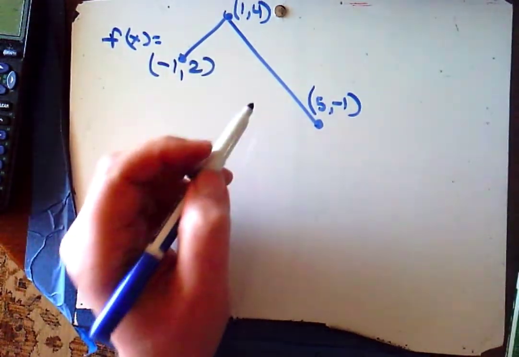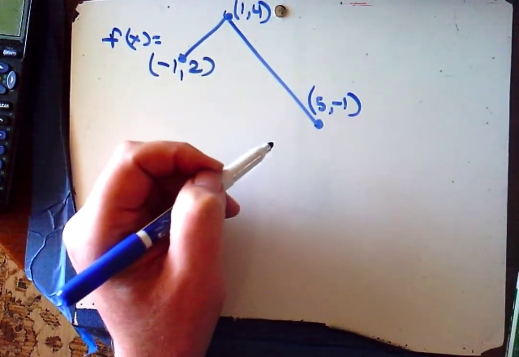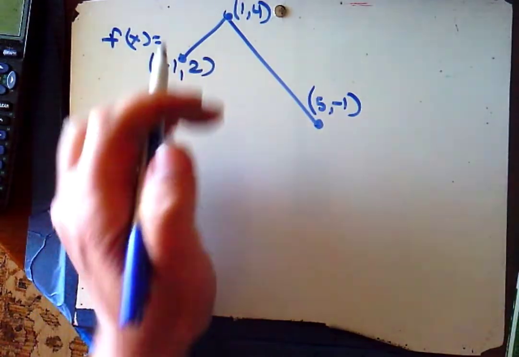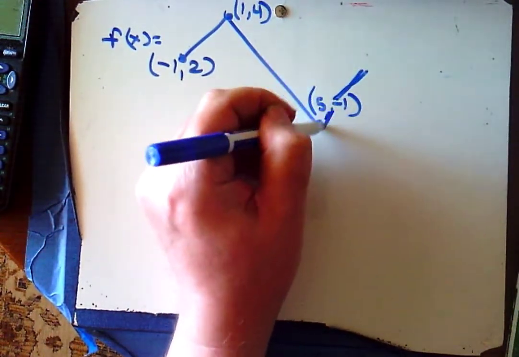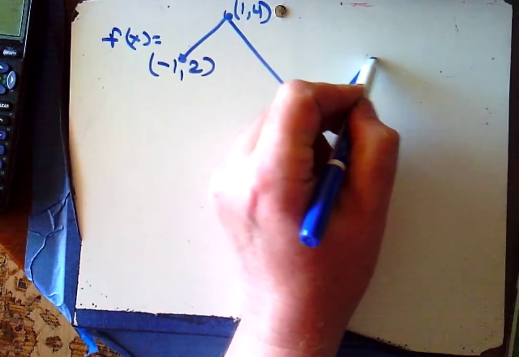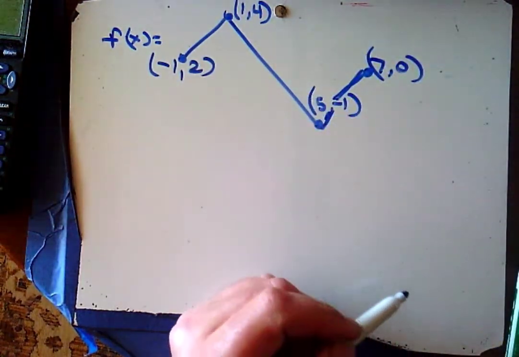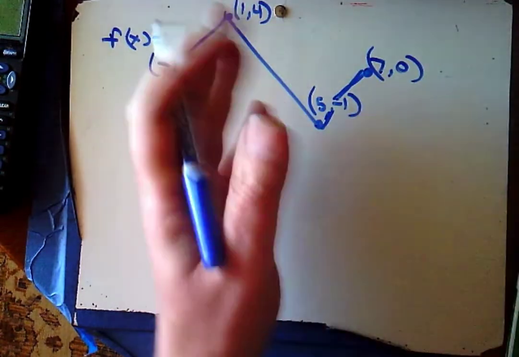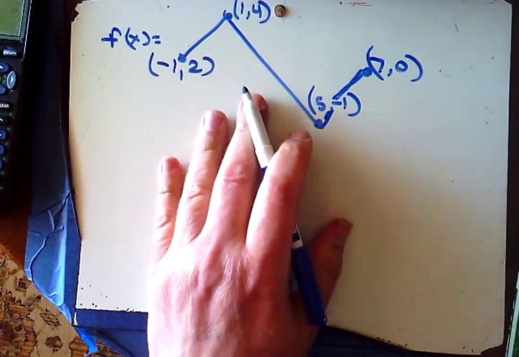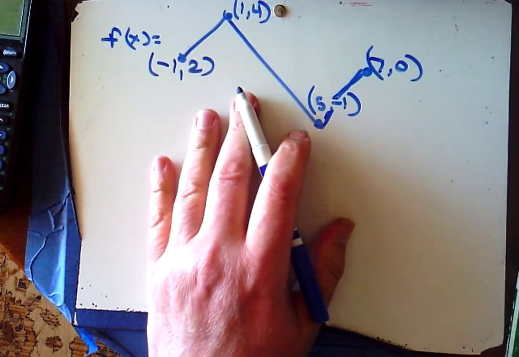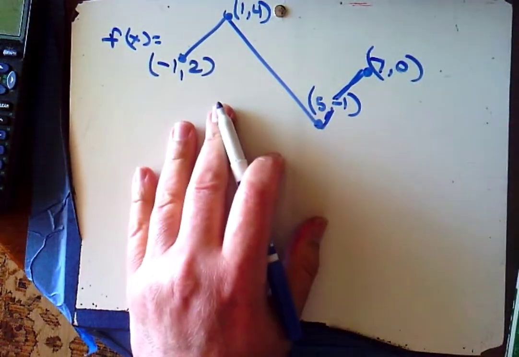Now, it kind of looks like absolute value, but it's not absolute value, okay? And in fact, to make it a little more exciting, we could come back up here and say this is 7, 0, okay? So these are my points, and we're thinking about this as the reference graph. This is our basic f of x.